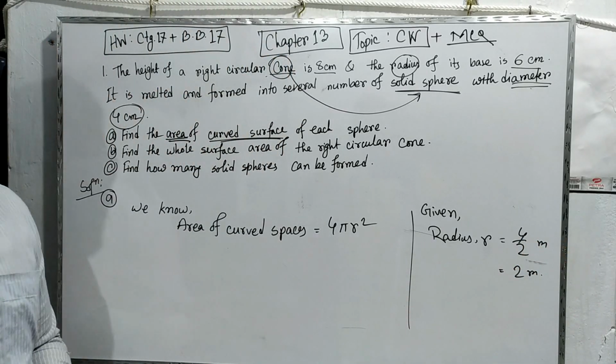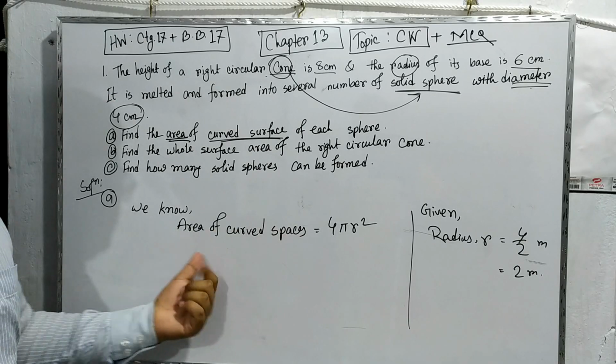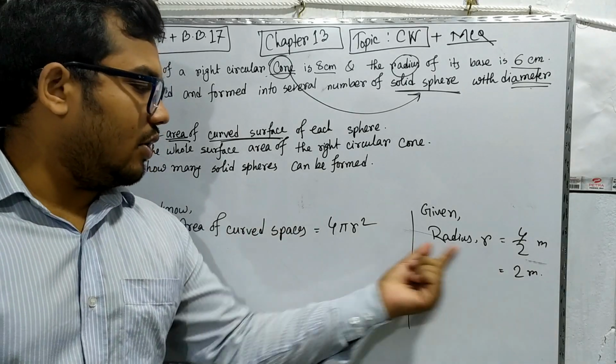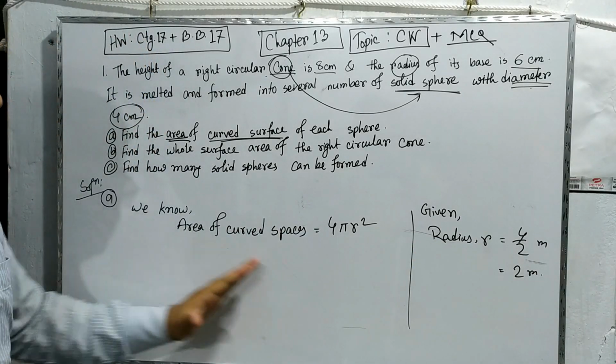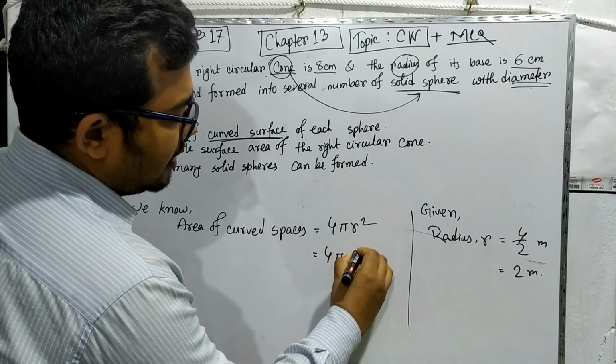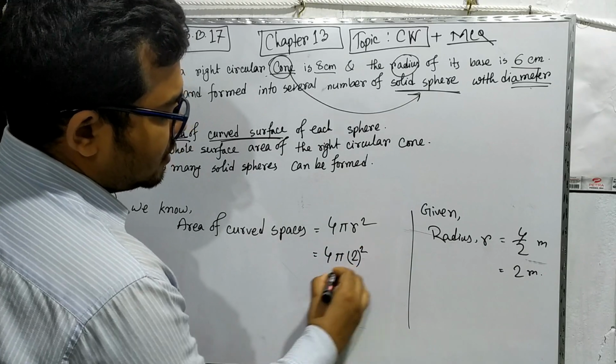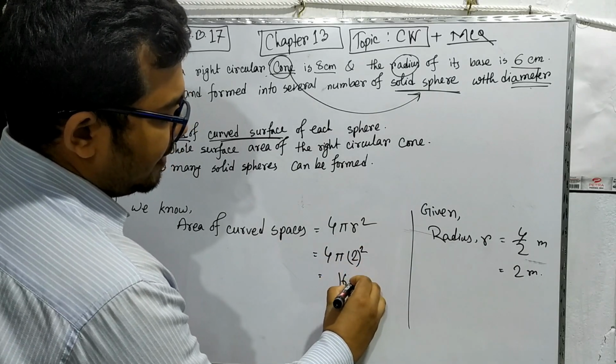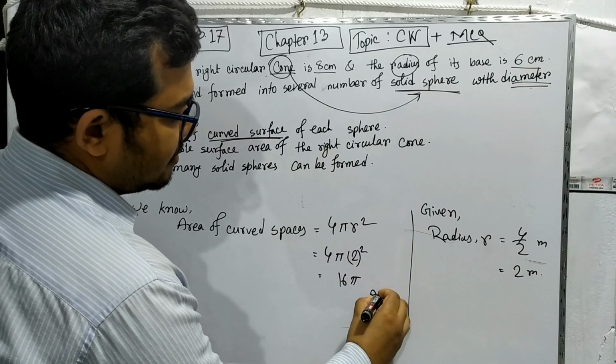2 is our radius, and we just put the value of r here. Then we will get the area of the curved surface. So it will be 4 pi into 2 square, that will be 16 pi, and that is our required answer.